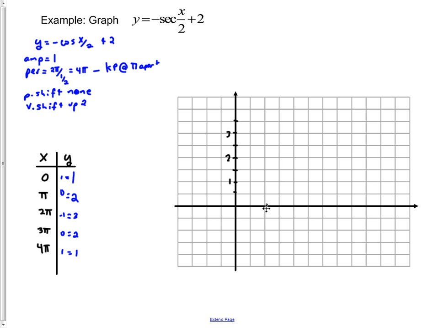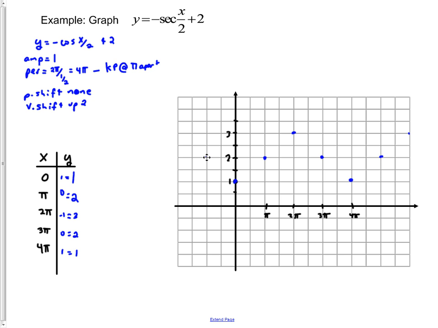So at each of our key points, pi, 2 pi, 3 pi, and 4 pi within one full cycle, the key points go like this. We get (0, 1), (pi, 2), (2 pi, 3), (3 pi, 2) again, (4 pi, 1), and then that pattern is going to repeat.